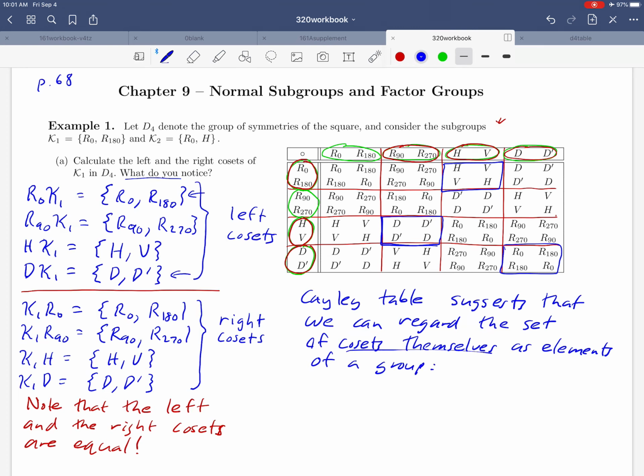In particular, we would be talking about a 4-element group because we've got 4 cosets, and I'm going to write those down: R0 in K1, R90 in K1, H times K1, and D times K1. That's a group of order 4, kind of suggested by the Cayley table that we talked about above.